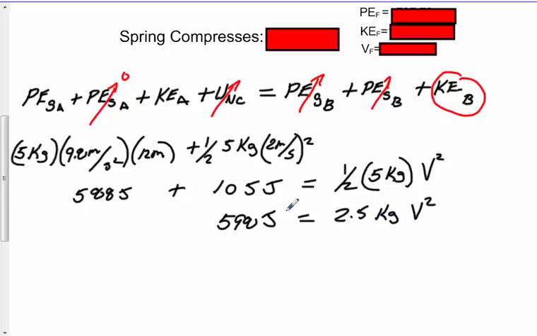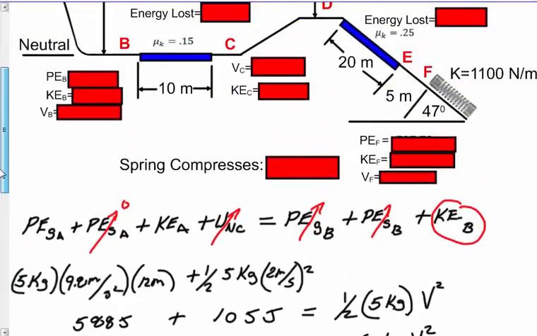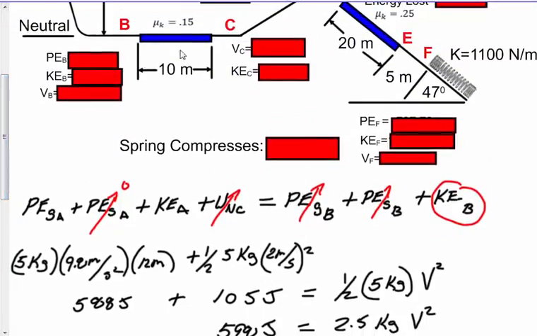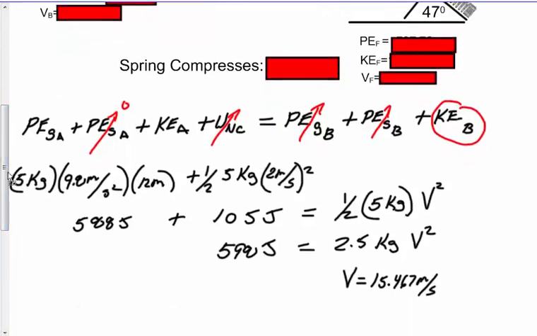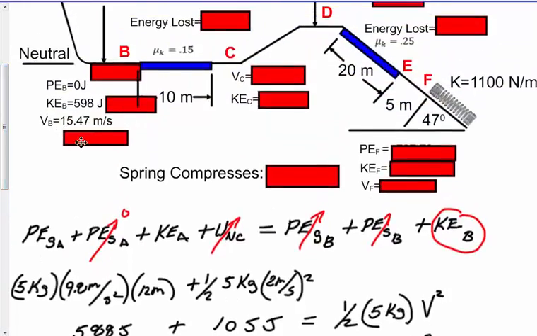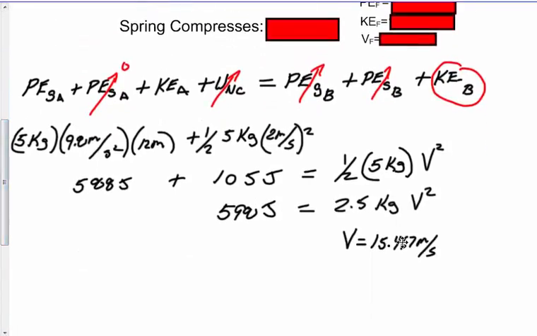We'll divide by 2.5, so we take 598 divided by 2.5, and take the square root of that value, and that gives me a velocity of 15.467 meters per second. Now we come down here and ask, what's our potential? Obviously, our potential here would be 0. What's our kinetic? The 598 joules that we got right here. And then, what is the velocity? Obviously, 15.47, exactly what we got here.